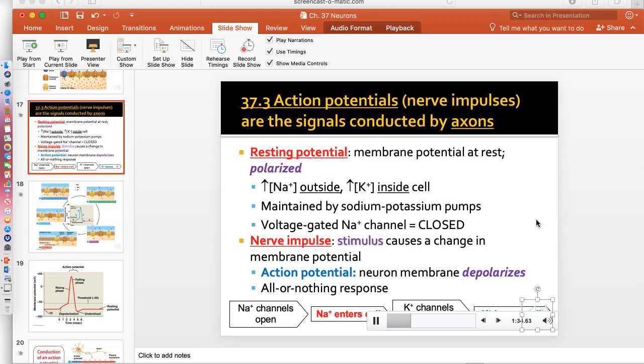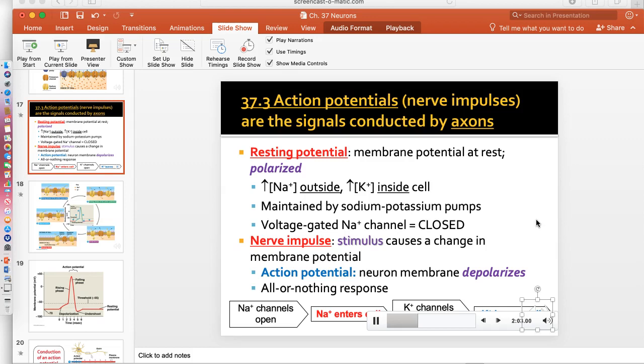Again, we're not getting into the formulas and the math behind how the resting potential is actually calculated, but knowing the concentrations and putting them into a formula, the normal resting potential for a neuron cell is from negative 30 millivolts, volts being a unit for voltage, to negative 90 millivolts.